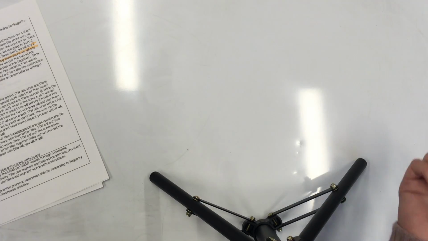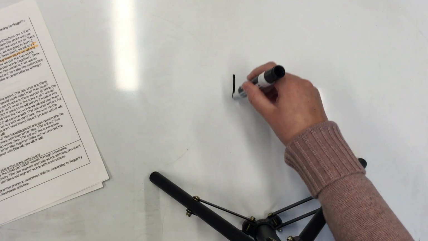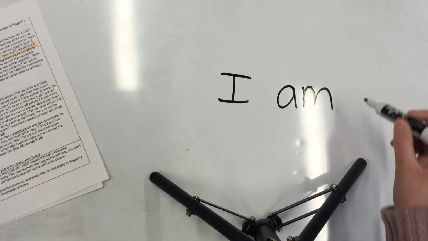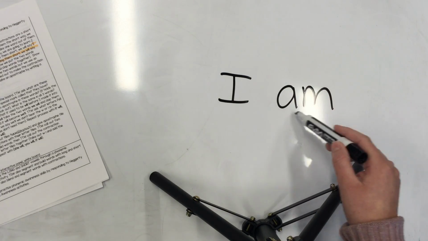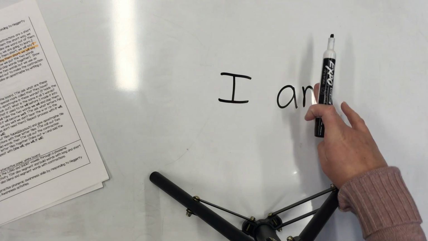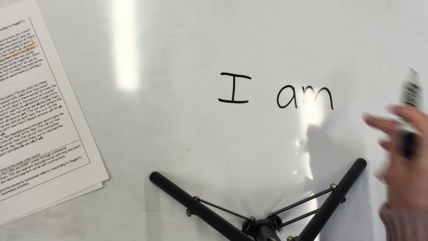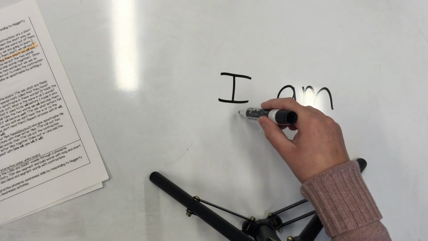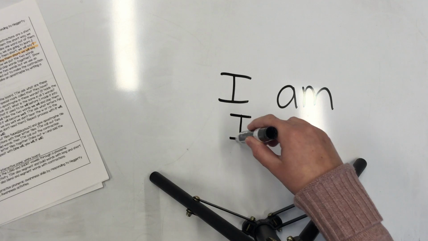Now this first one is pretty easy because I think this is the only word that has it in there. So say I'm going to write out these 2 words. I am. Okay? Remember this chunk from kindergarten? Am. Okay, so I am. So let's say I want to say it the short way, all right? So watch what I'm going to do. I'm going to write out this first word just like normal, okay?